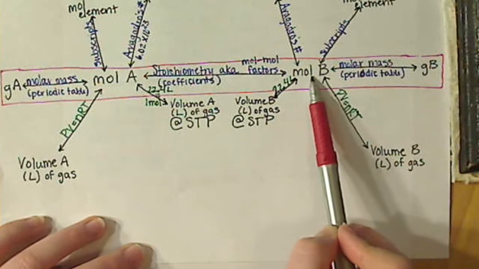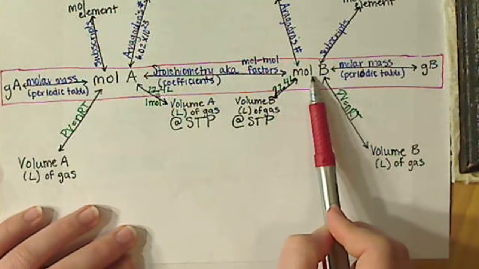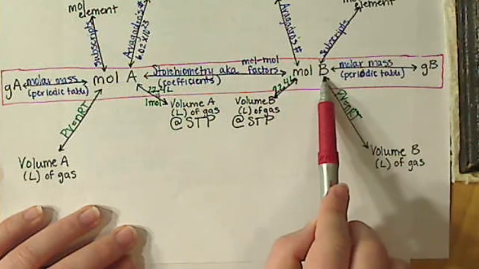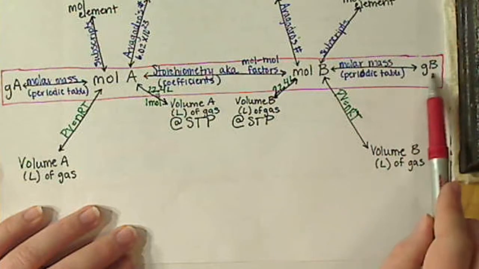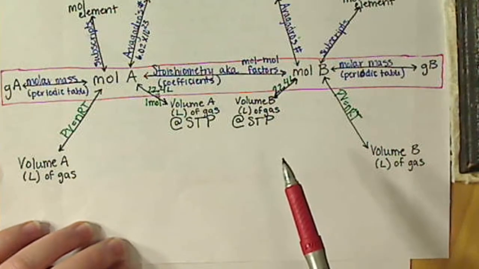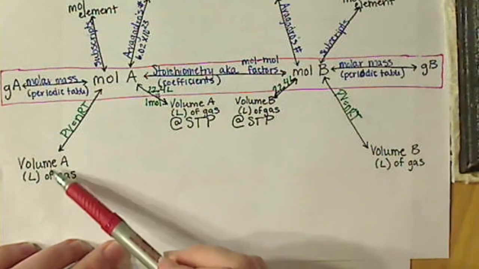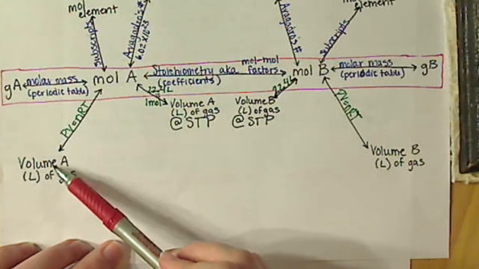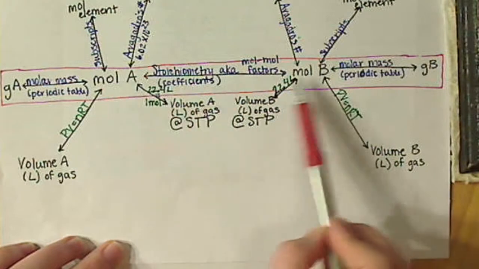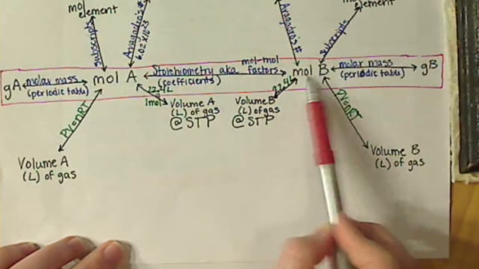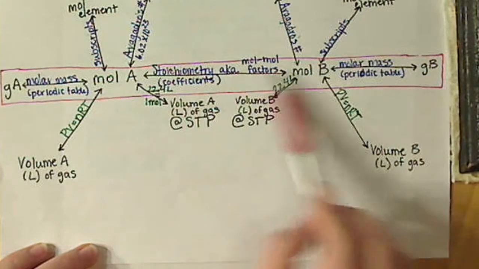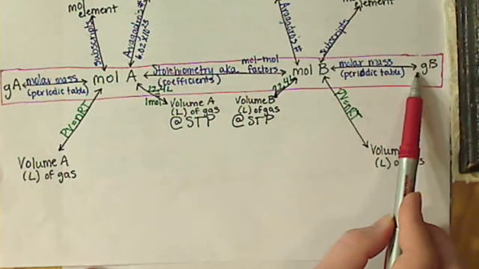And in this case, we're asked for grams of NH3, not volume. So we're going to go from moles of NH3, use molar mass, to get to grams of NH3. So we're going from volume of NO2, to moles of NO2, to moles of NH3, to grams of NH3. And that's the pathway that we're taking in this particular problem.